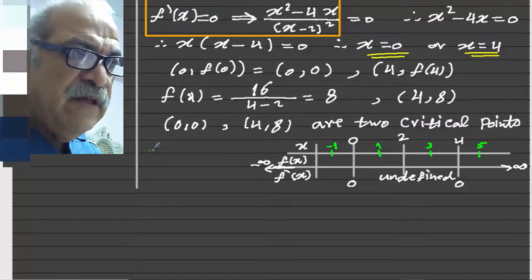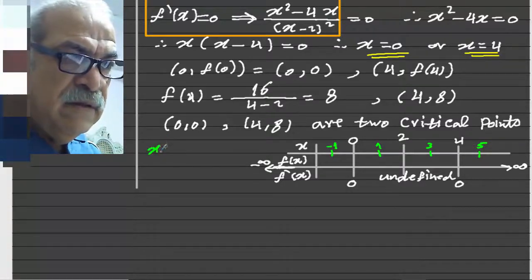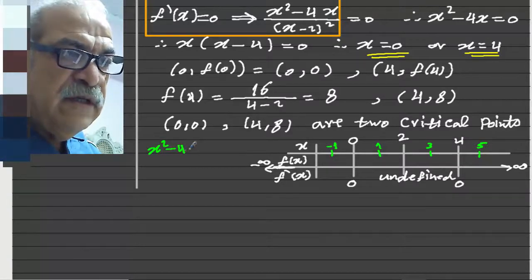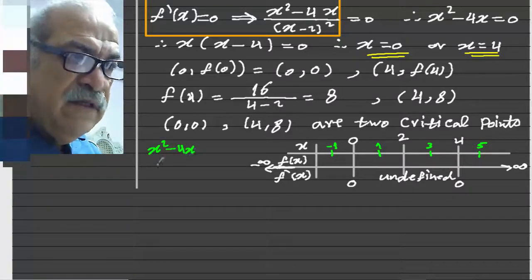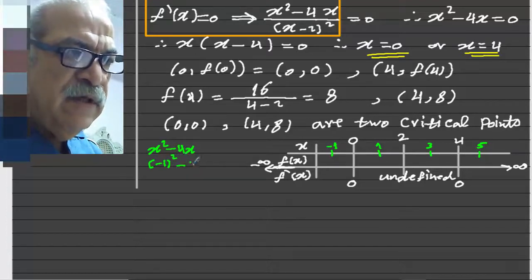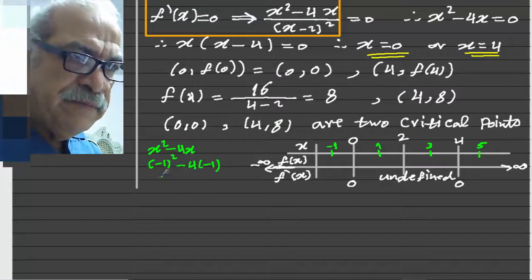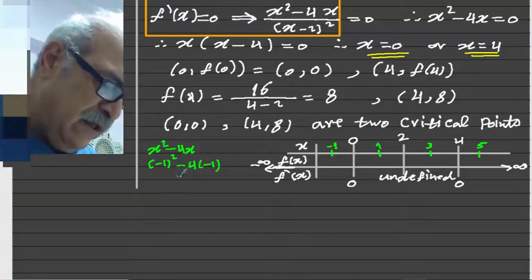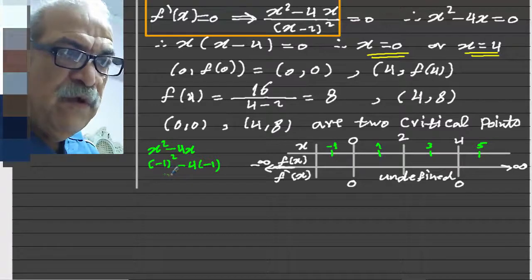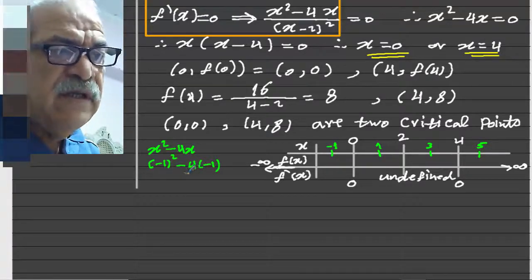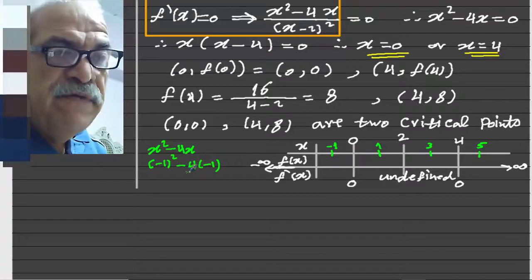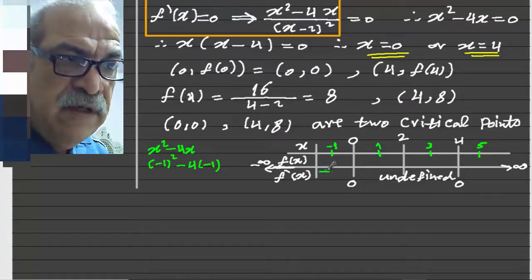Here we have x squared minus 4x equals negative 1 all squared minus 4 multiplied by negative 1. And this quantity is positive. 1 plus 4, it is 5. So the sign here is positive.